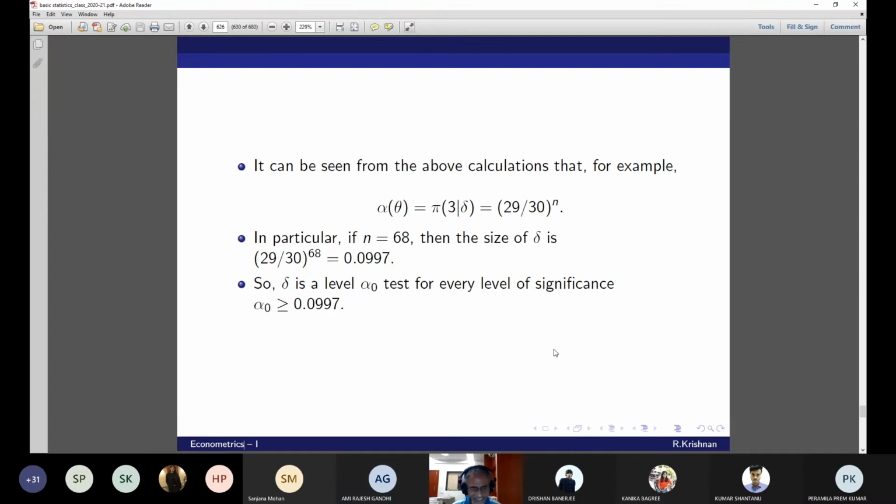That is nothing but the size of the test. Sir, the supremum part I didn't get. Don't worry. The size of the test is nothing but your 5%, 1%. What are we trying to do? Instead of fixing that 5%, 10%, 1%, for any particular test procedure, what should be the level of significance? Get my point?